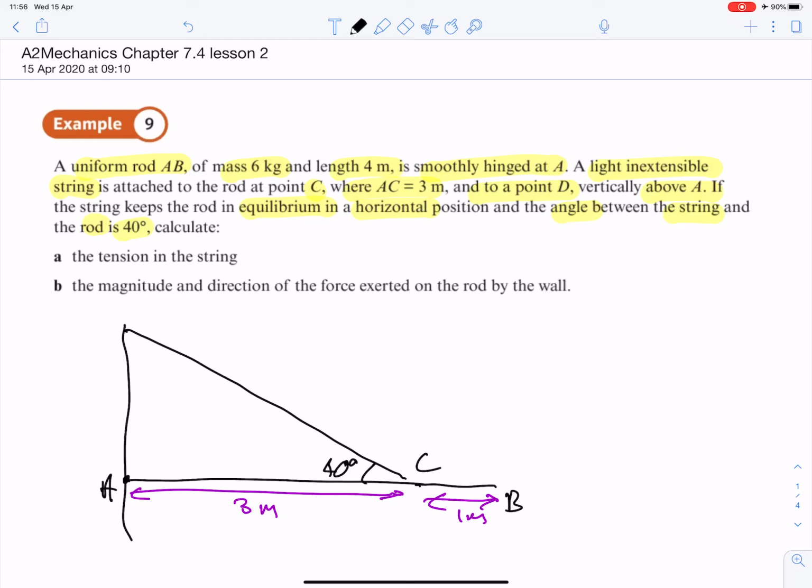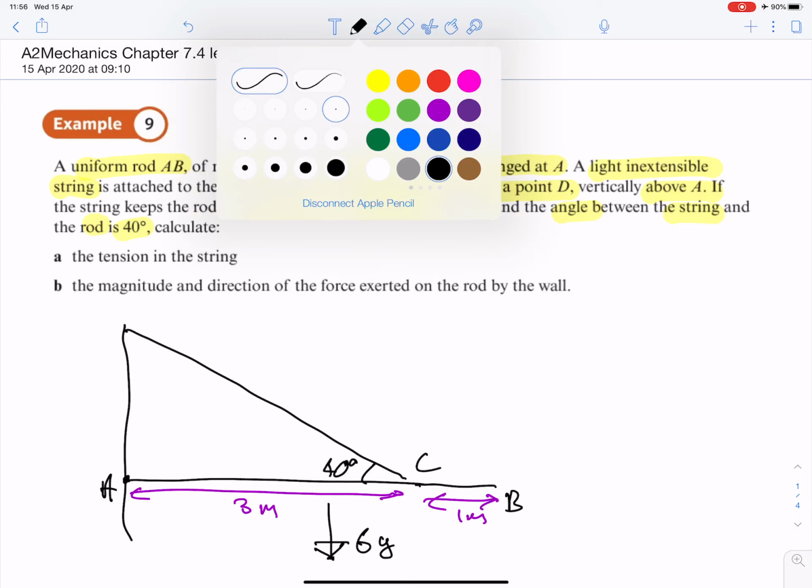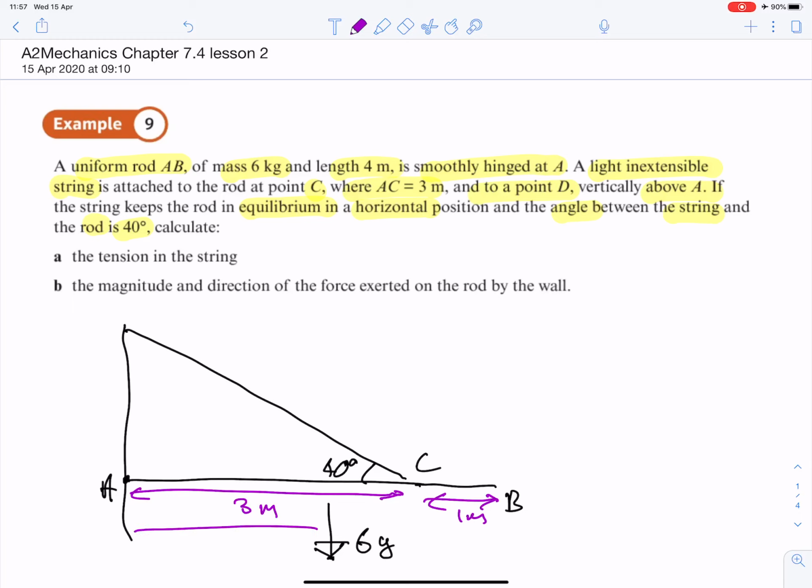So that's 1 meter, that's 3 meters, and we've got our point C here where the string is attached. What else do we know? The mass is 6 kilograms and the rod is uniform, so we've got a weight of 6g acting down here, and as it's a uniform rod, that length will be 2 meters.